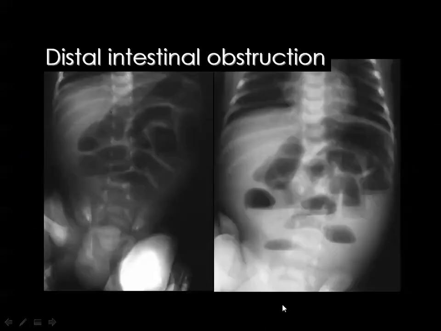But all you can say from the plain film is that in the supine position there are multiple dilated air-filled bowel loops. In the erect position, you got multiple air fluid levels.